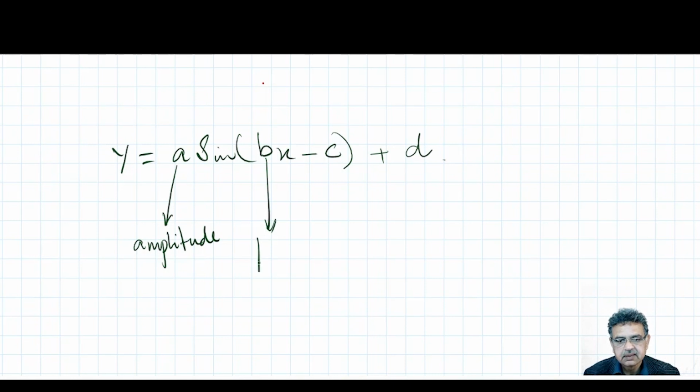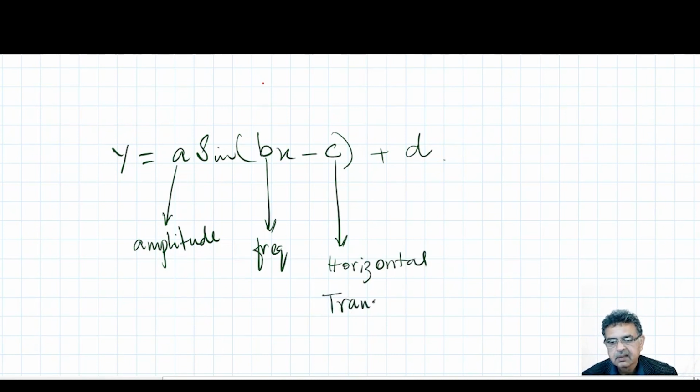This value changes frequency of the graph. This value is horizontal translation. Horizontal translation.